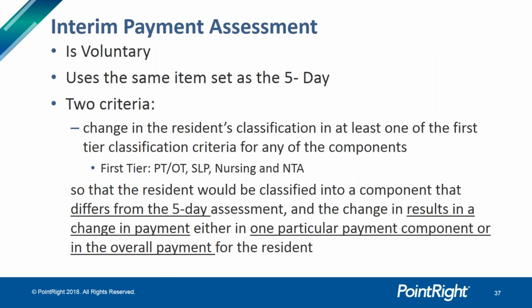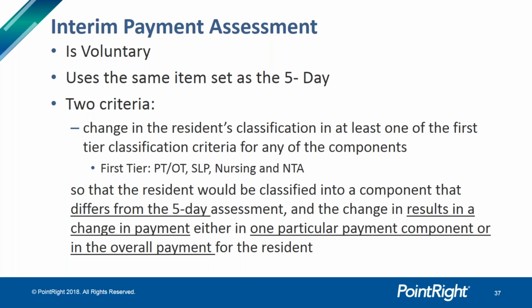There are 2 basic criteria that are used. One is rather long, one's a little bit shorter, so we'll start with the longer one. The idea behind it is to catch changes in the course of a resident's stay. In order to do an IPA, there has to be a change in the resident's classification in at least one of the first tier classification criteria.